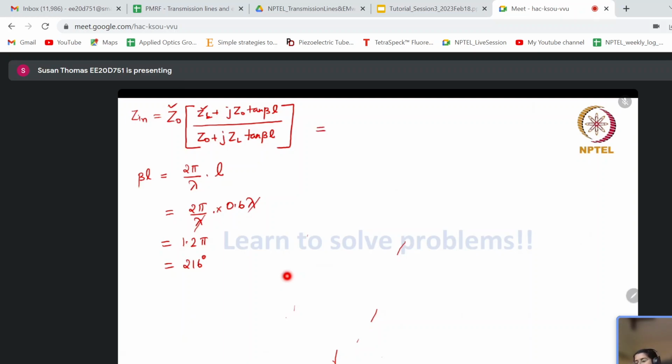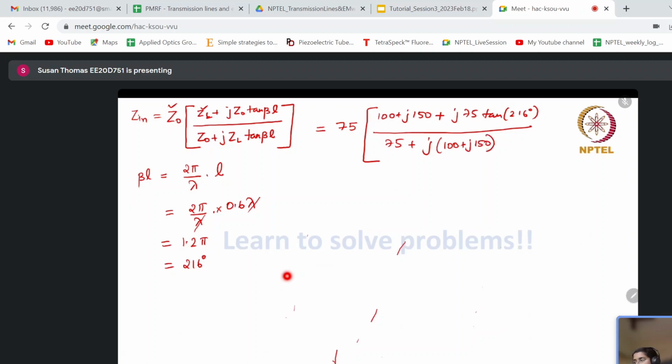So let us substitute the values in this equation. We know the characteristic impedance is 75. So 75 into (100 plus j150 plus j75 tan 216 degrees) divided by (75 plus j(100 plus j150) tan 216 degrees).